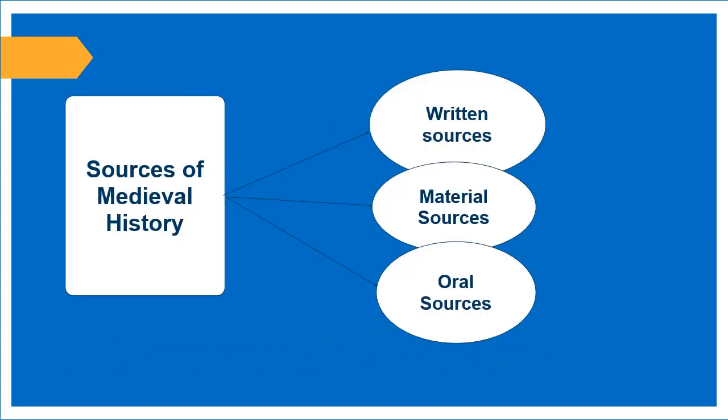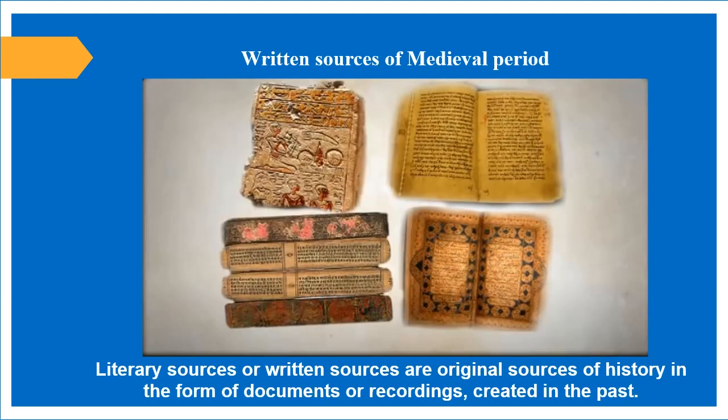Let us now see what are the three sources of history. Three sources: written, material, and oral sources. Today we are going to learn about written sources of medieval history. Okay, so written sources are also called literary sources. Written sources का दूसरा नाम है literary sources.